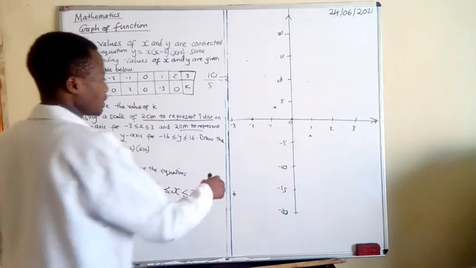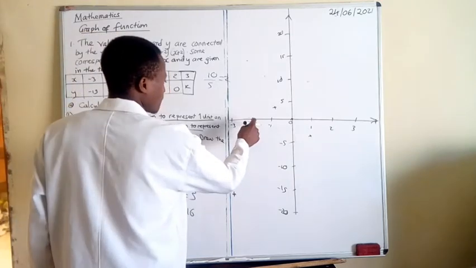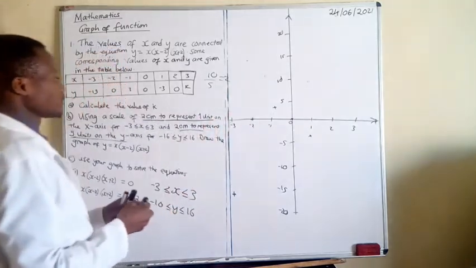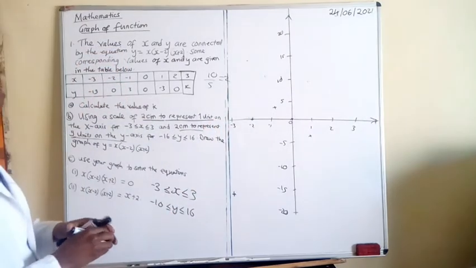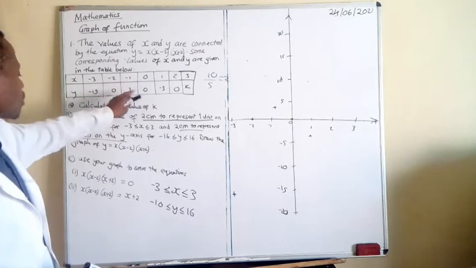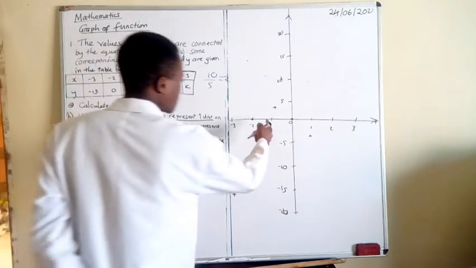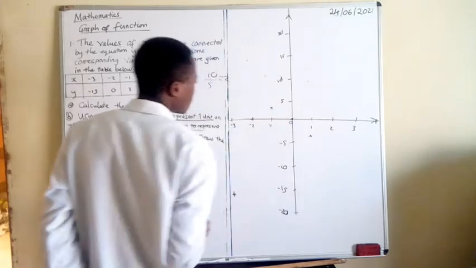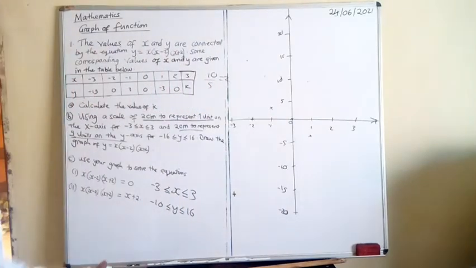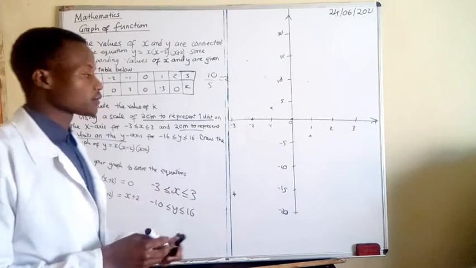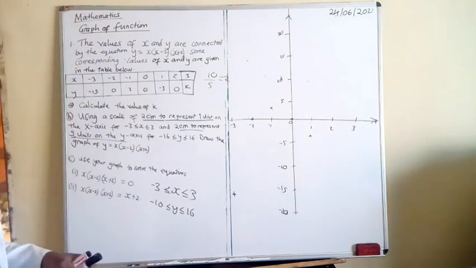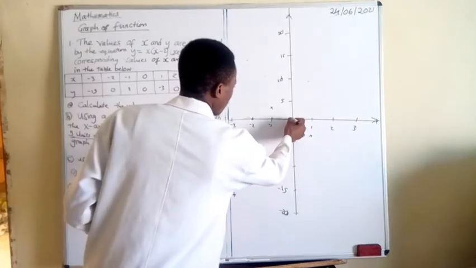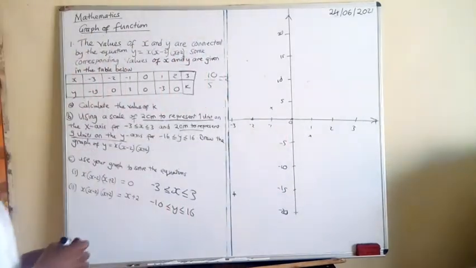Cool. Now we go to the second point, -2, 0. It is just there, where the value of x is -2 and the value of y is 0. Then -1, 3 is somewhere there. I remember I showed you how to count that side. Okay. Then we have 0, 0. 0, 0 is there at the middle.